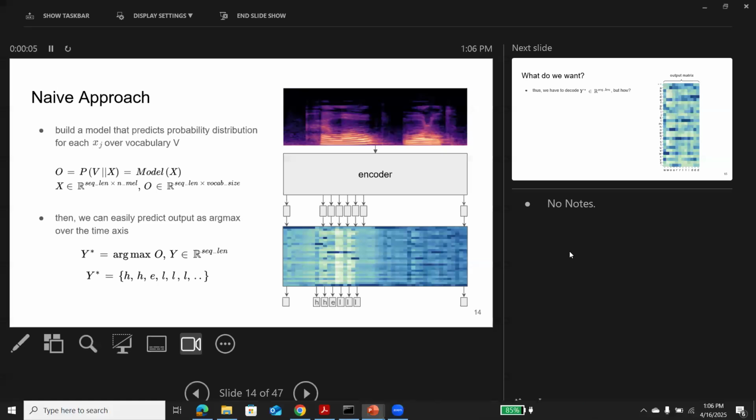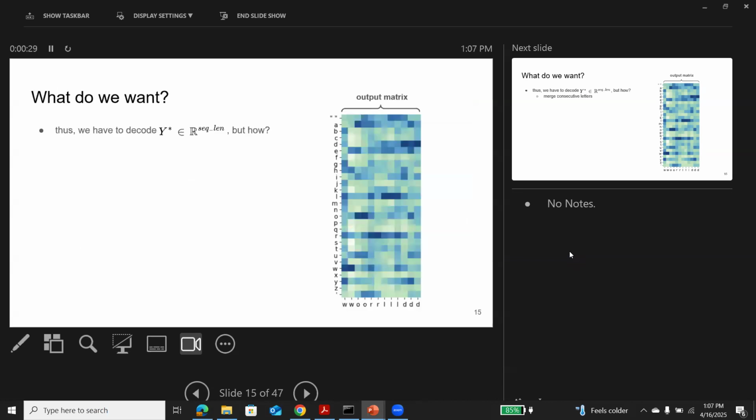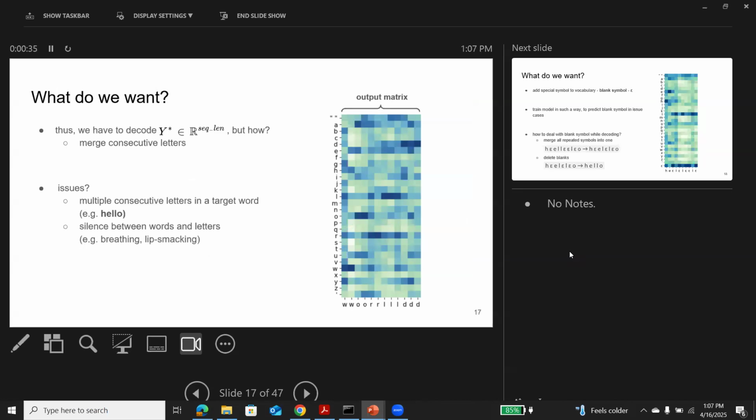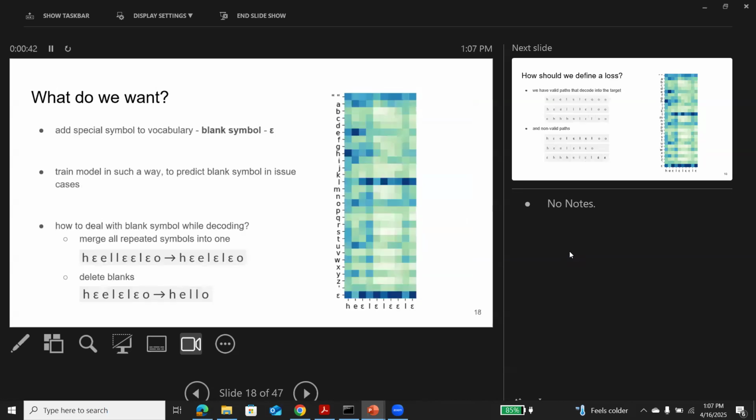So last time we stopped on this image, how we can detect characters from the spectrogram. But actually, we can also detect phonemes instead of characters, and also we could detect subwords also. So the model returns the probability of every character from our dictionary, and then it predicts the character.